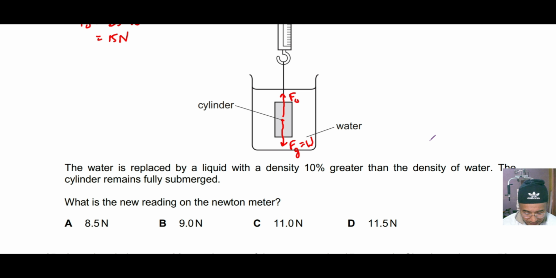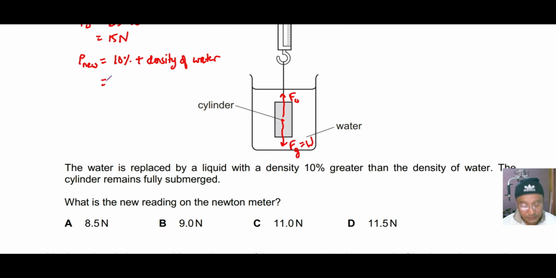So that's why I can say it here as rho nu. Rho nu is equal to 10% plus density of water.